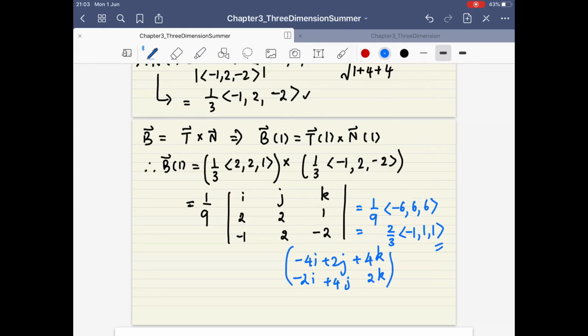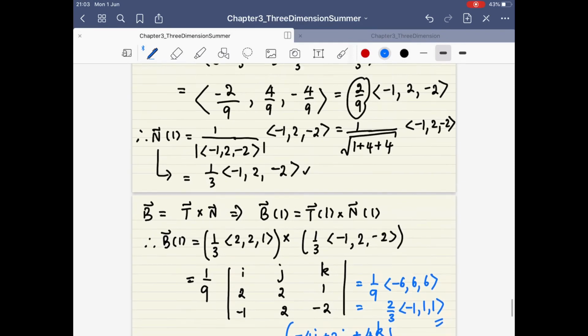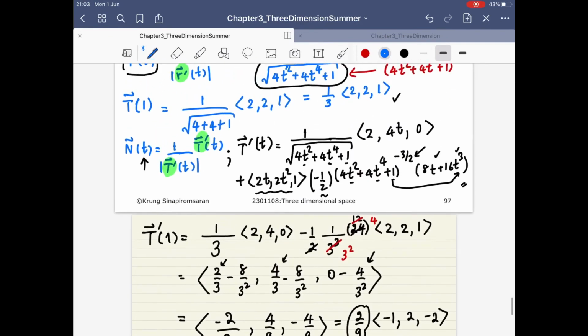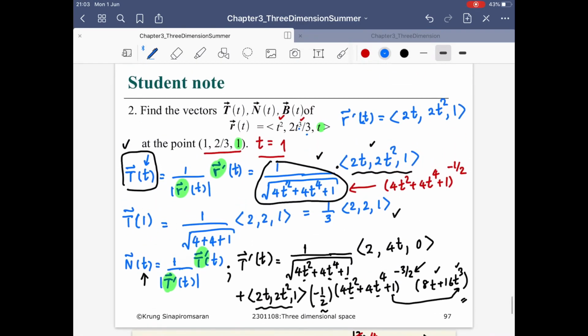Okay, so let me just emphasize what we have done. We need to find the capital T, capital N, capital B of this vector function at a particular point. This particular point corresponds to t equals 1.